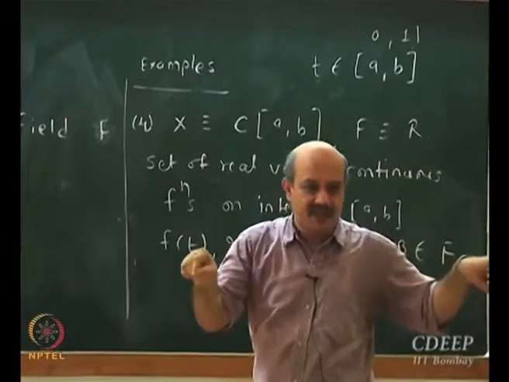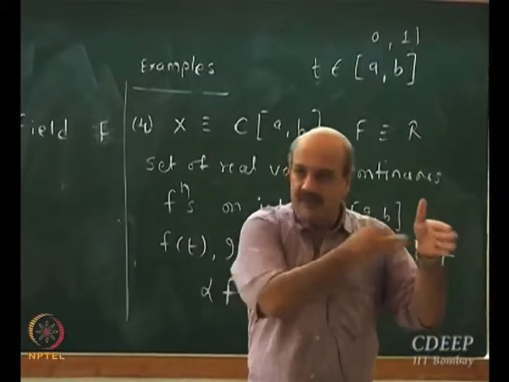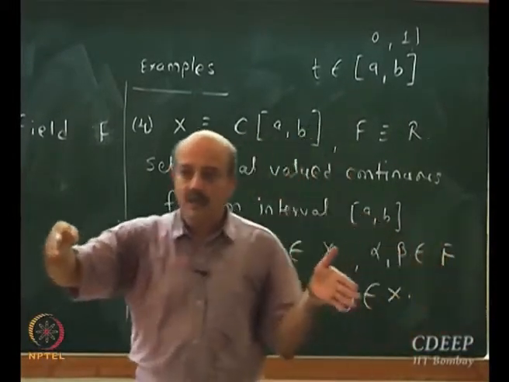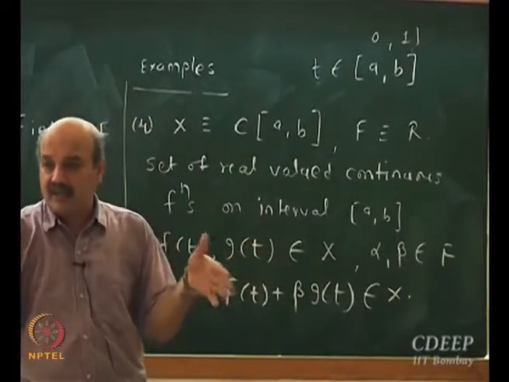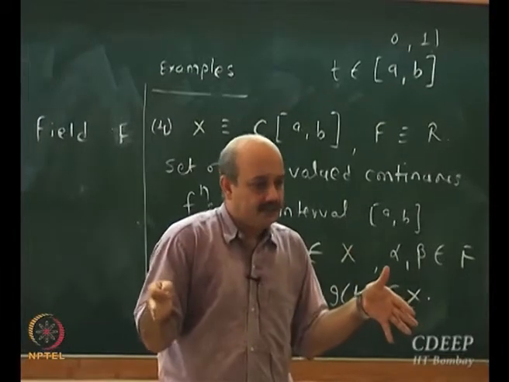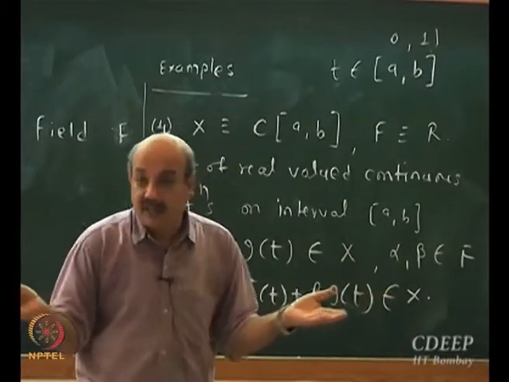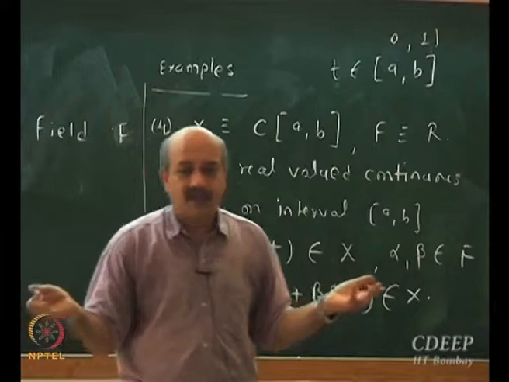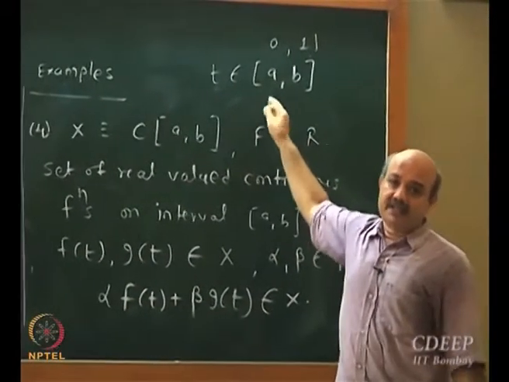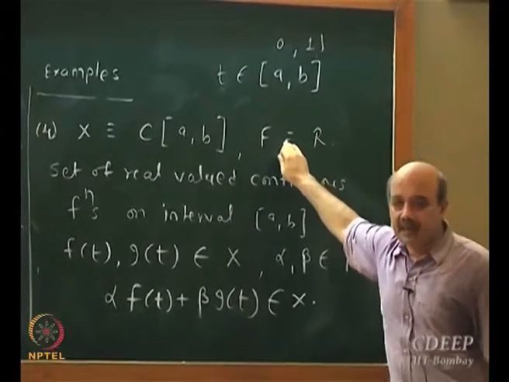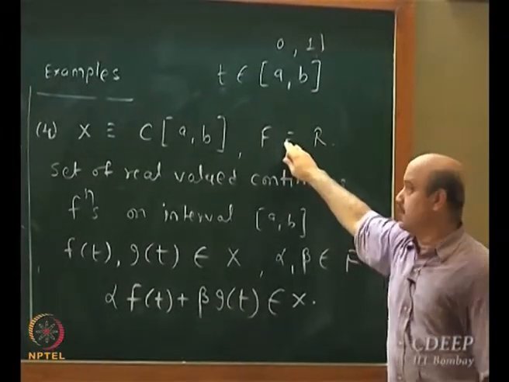So z is my spatial variable, and it varies from 0 to 1. I can look at the temperature profile inside a distillation column or a heat exchanger. Is it a continuous function? Yes, it's a continuous function. So these kinds of vector spaces are very commonly encountered in chemical engineering examples.